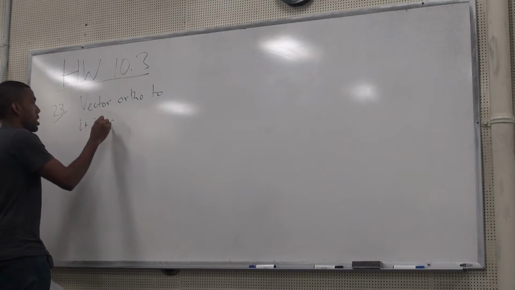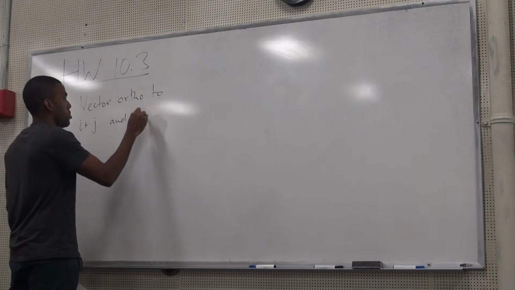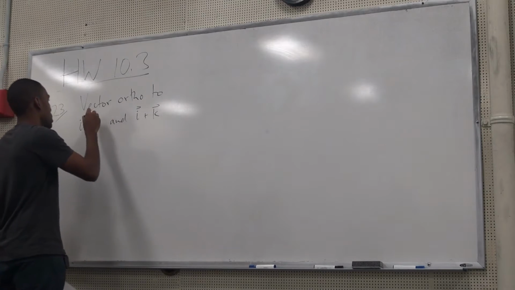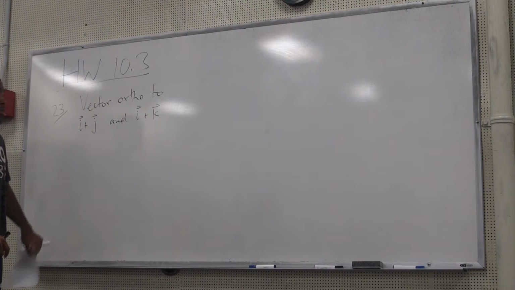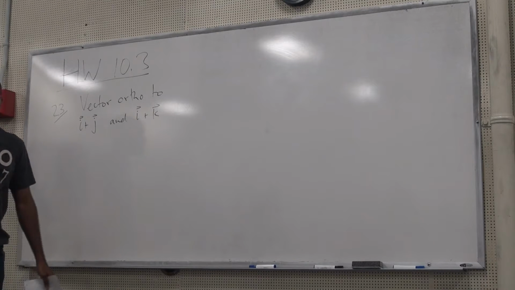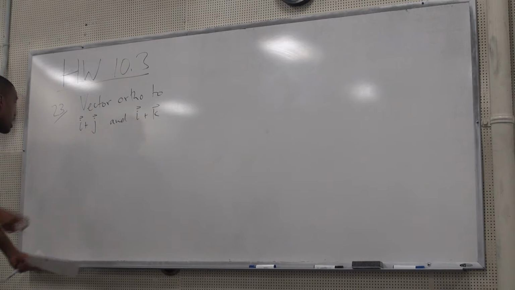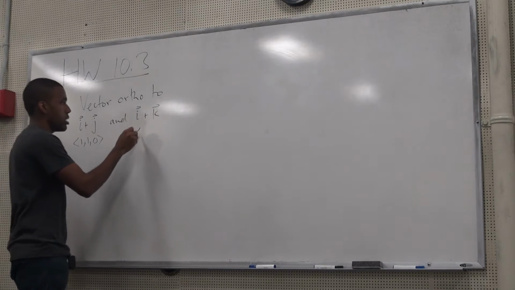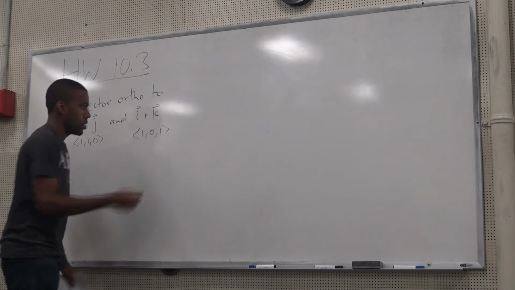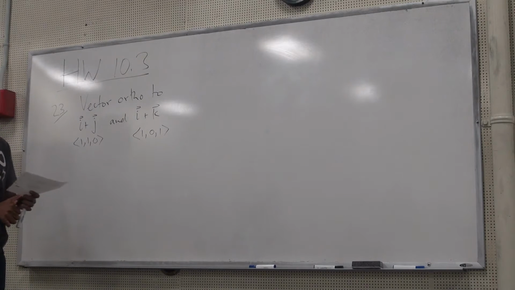With 10.4, all you do is take the cross product. This one is 1, 1, 0, this one is 1, 0, 1, and you simply take the cross product of both of those. You'll get a vector orthogonal to both.